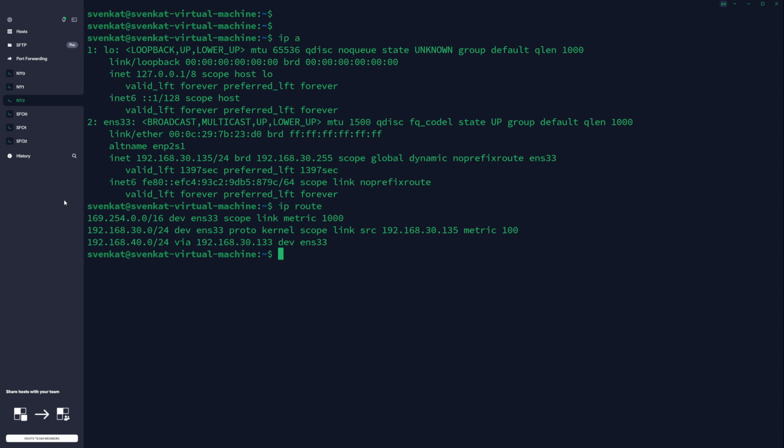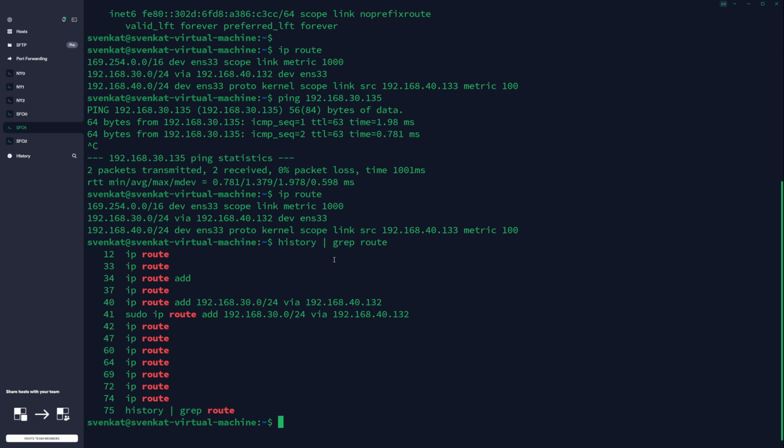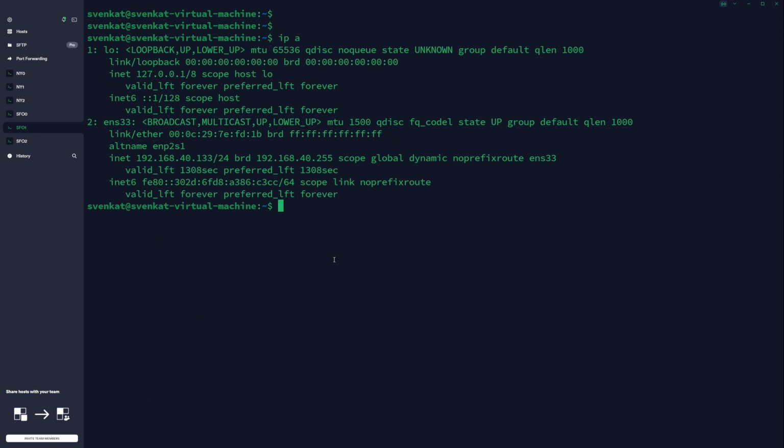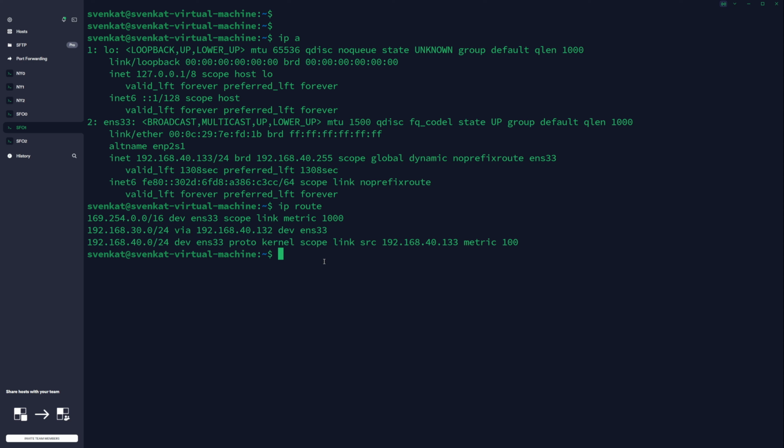So now let's take a look at San Francisco 1 and 2 as well. So this is San Francisco 1. As expected, there is only one network interface on it, and then the route has got that extra entry in it. This is the 40 network. San Francisco is on the 40 network, but there is an entry on this computer for the 30 network.